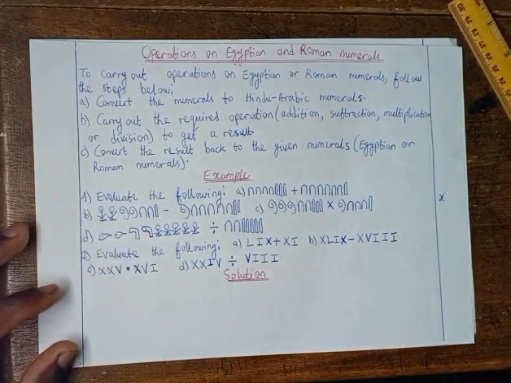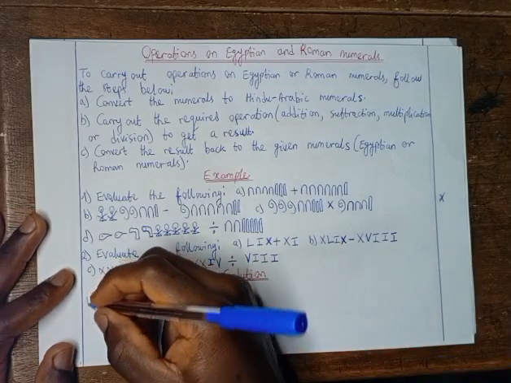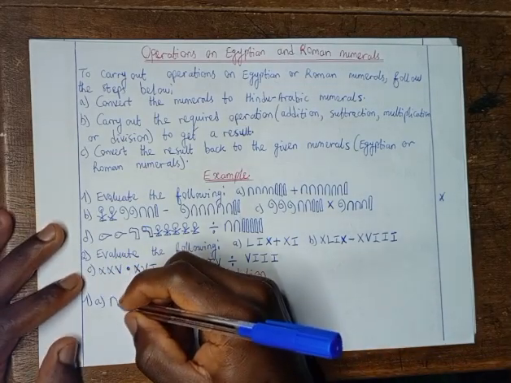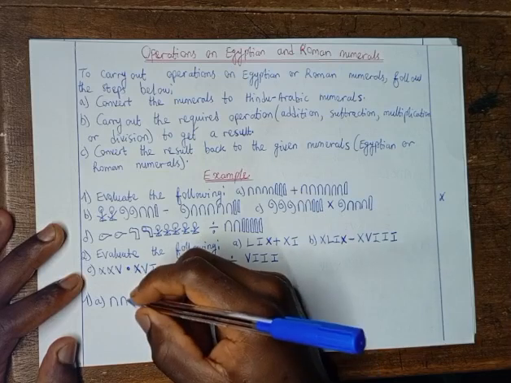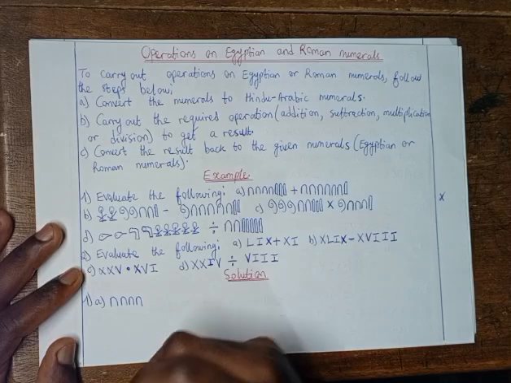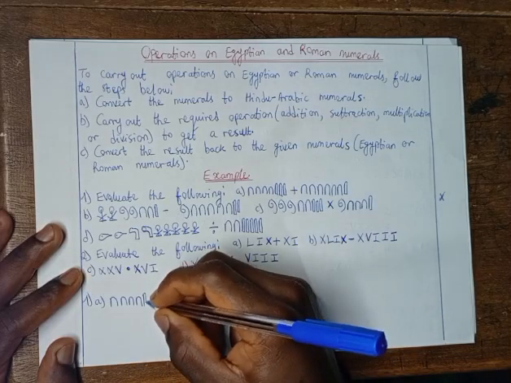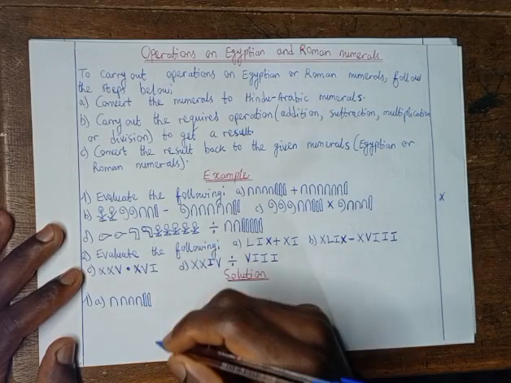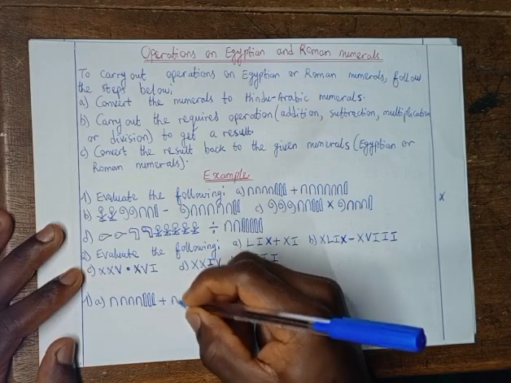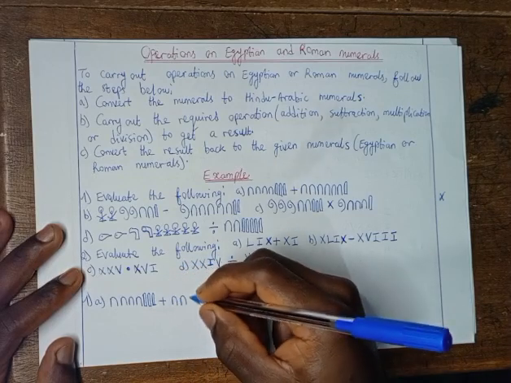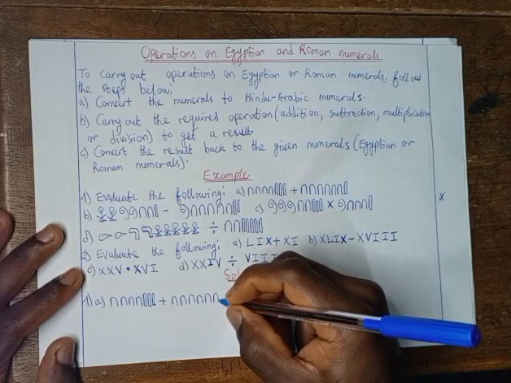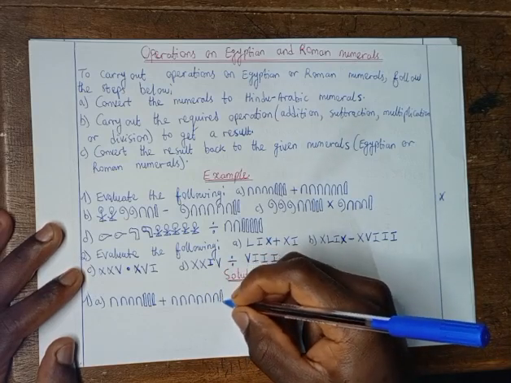The first one, we take question 1. For A, we have to add the two Egyptian numerals, 4 elbows and 3 straight fingers plus 6 elbows and a straight finger.